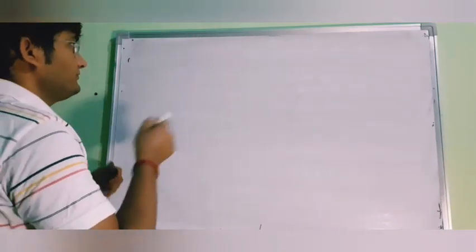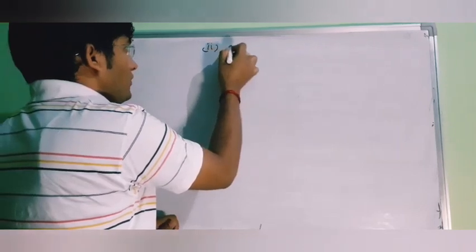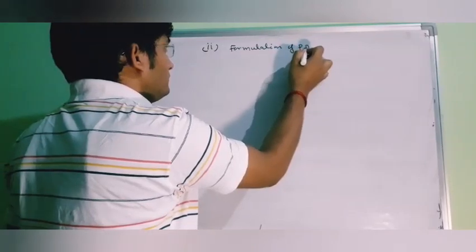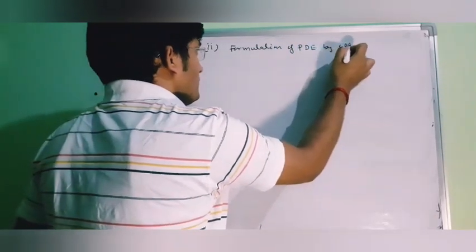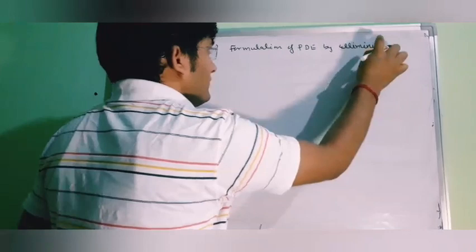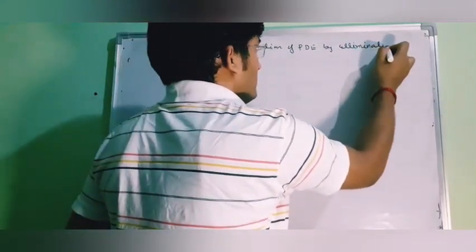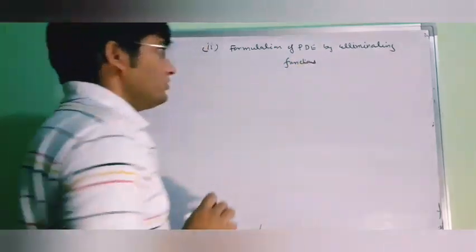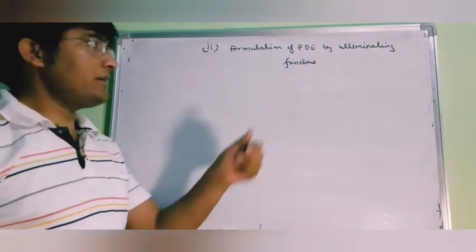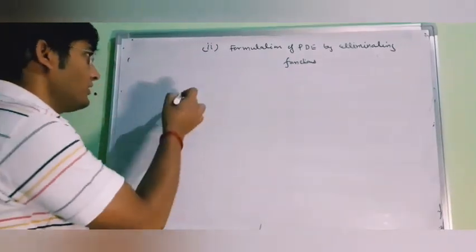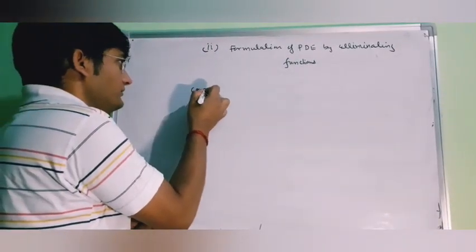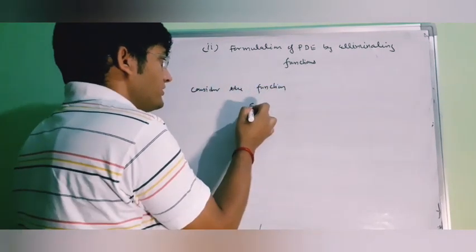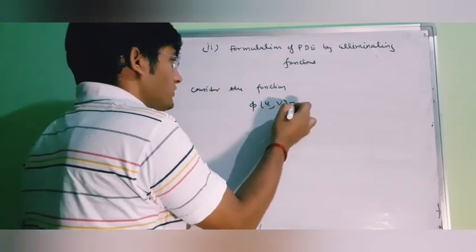So second case: formulation of PDE by eliminating functions. So let us formulate partial differential equation by eliminating the function. Consider the function. Let us consider a function phi of u, v equal to 0.